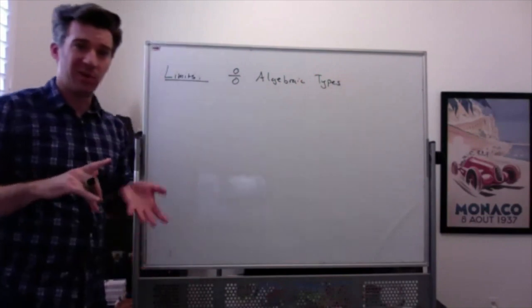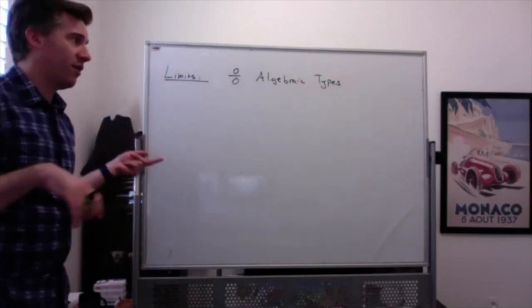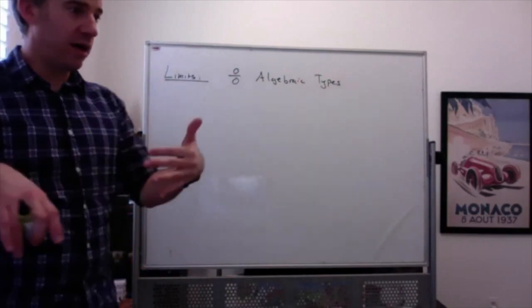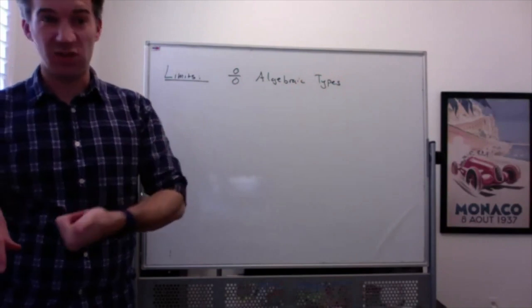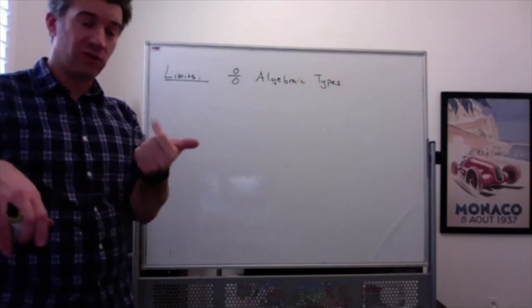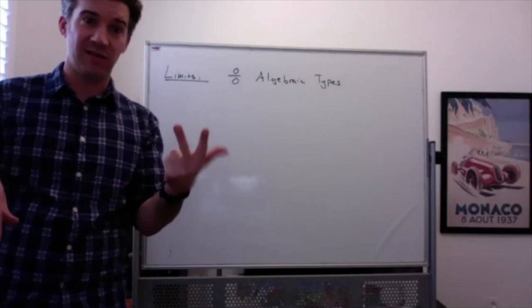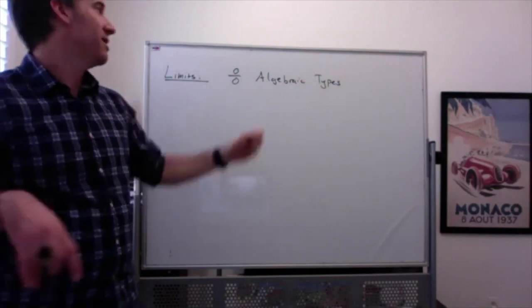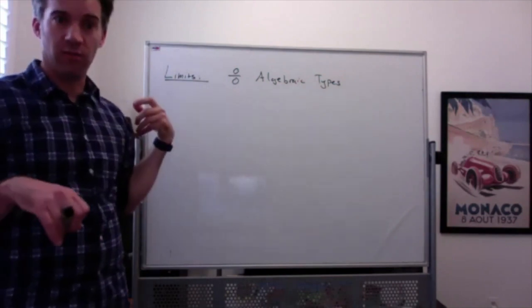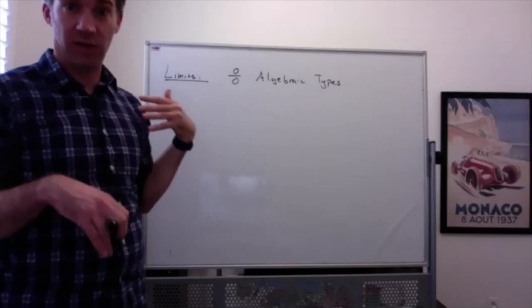There are others, and we will get to them eventually, but as far as doing the limit definition of the derivative and your secant lines and your tangent line slopes, this is probably the most important thing for that type of work. So that's what we're going to start with today.